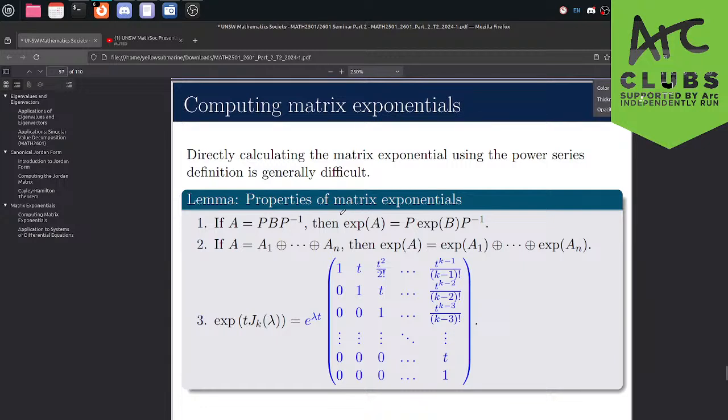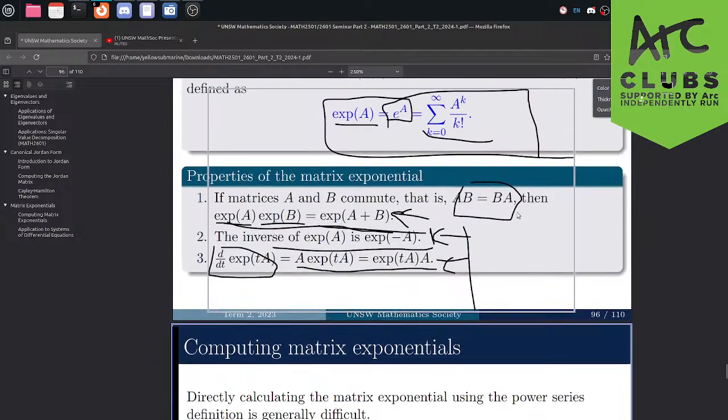Cool. Here are some more properties. These are more calculative properties. These aren't too important for calculations in exam questions, but they are worth knowing if you want to understand them fully. So if you have A equals PBP inverse, this one is important. Exponentiating A will exponentiate the B inside.